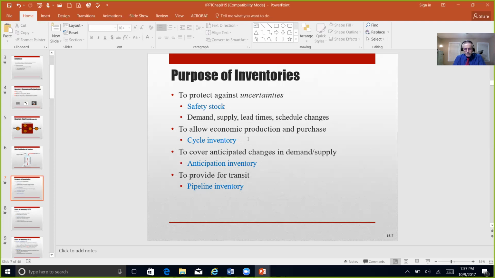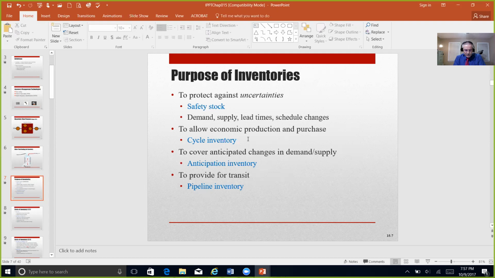We talk about demand, supply, and lead times and the schedule changes to ensure that work in process has the inventories it needs to allow the manufacturing process to continually flow. And we certainly want to take advantage of the economies of scale and scope to maintain that safety stock.